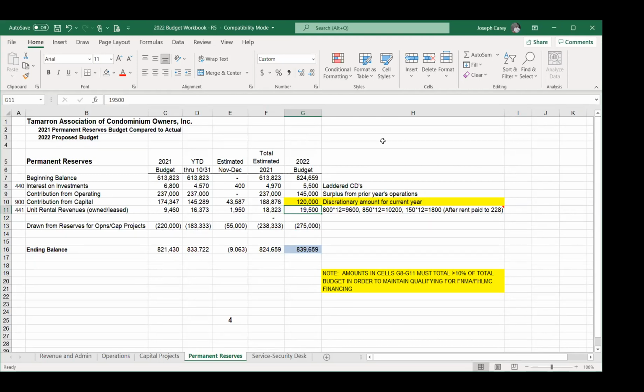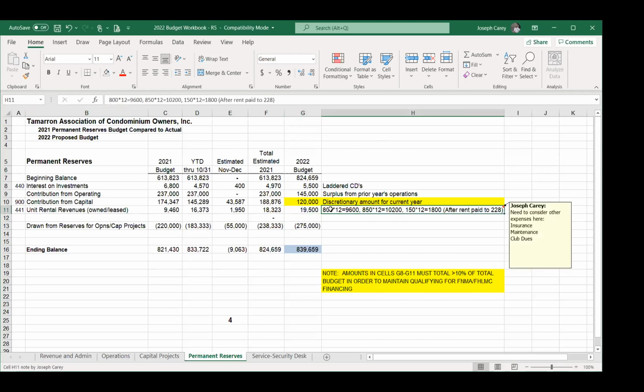The 228 is the unit number. Okay, after rent paid to 228. So it's 150 times 12. We get 1,800 from that one, we get 9,600 from one of the other 2 units, and 10,200 from the other.